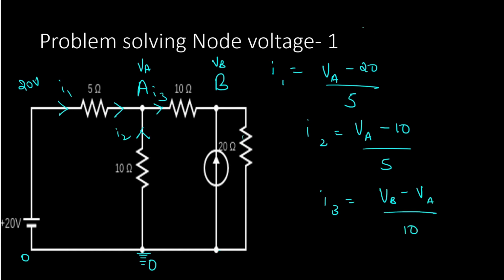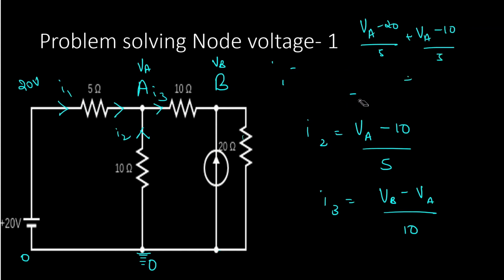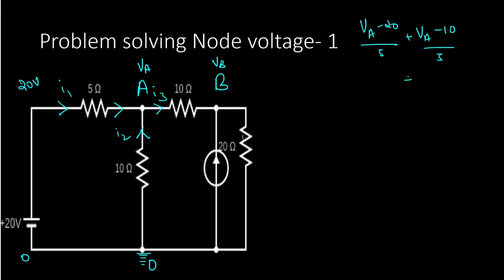Thus when you add them up, you get (VA minus 20) by 5 plus (VA minus 10) by 5 is equal to (VB minus VA) by 10. So we found the branch currents with respect to A and B, VA and VB.